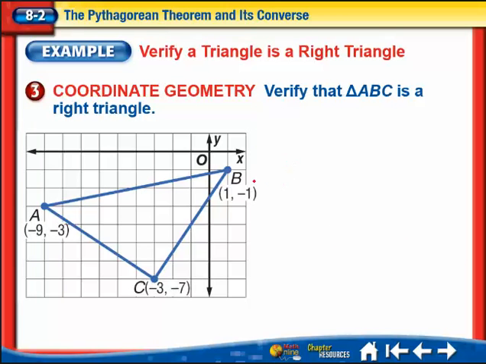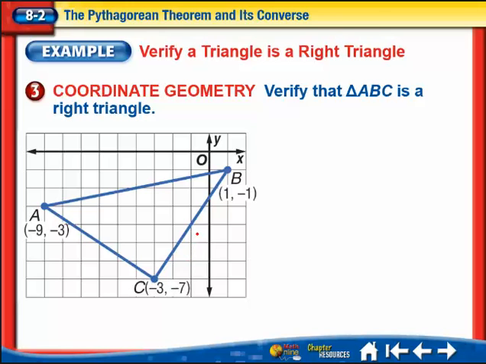Okay, this one is going to be a little challenging. It's coordinate geometry, so you're going to have to use your coordinate grid and your coordinates to figure some of these distances out. In order to know if it's a right triangle, you need to know, does a squared plus b squared equal c squared? You're going to have to find these distances and then plug them in.